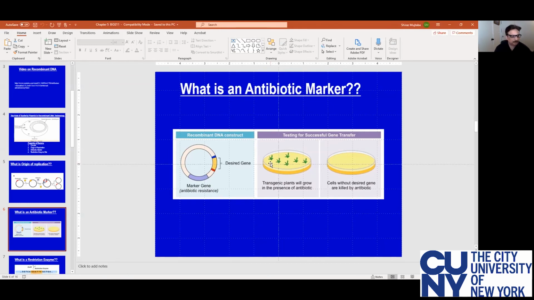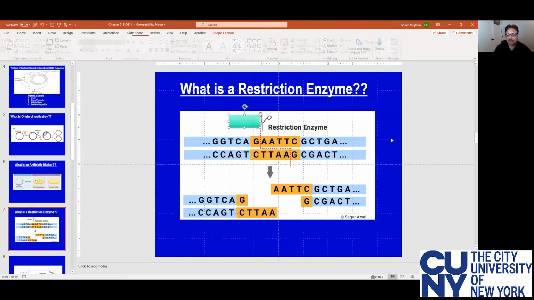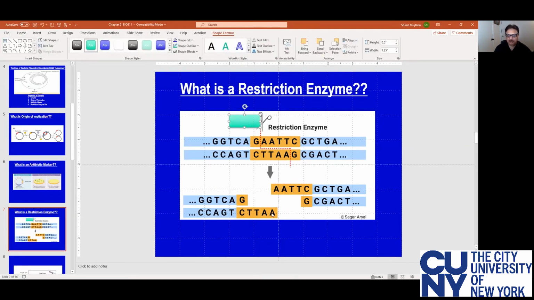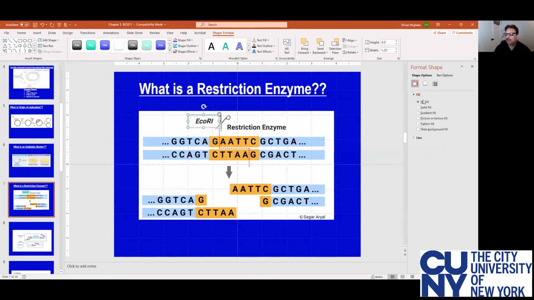And then coming to restriction enzyme. A restriction enzyme is an enzyme that cleaves or cuts the DNA at a specific sequence. In this example, we are taking an enzyme called EcoR1, which is produced by a bacteria called E. coli.